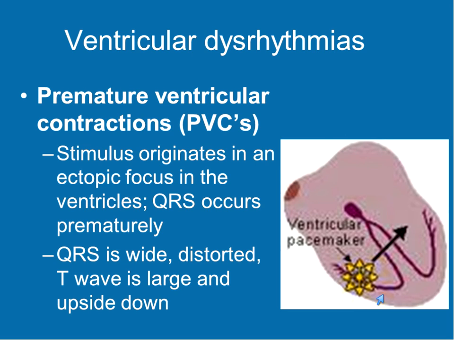Because the impulse originates in an ectopic focus, in order to depolarize the entire ventricle it takes a different pathway, and that pathway will produce a QRS that's wide, distorted, with a large and upside-down T wave. Because it's early, the pulse associated with that beat could be weaker than the previous and subsequent beats.